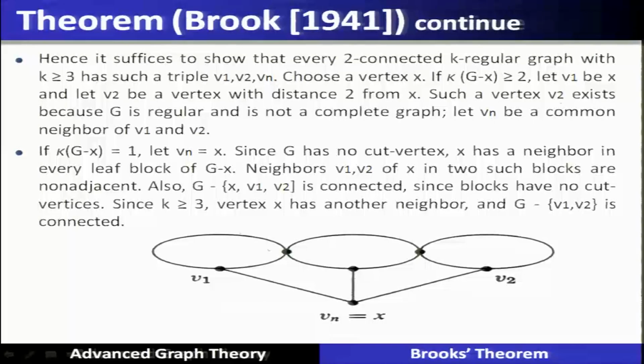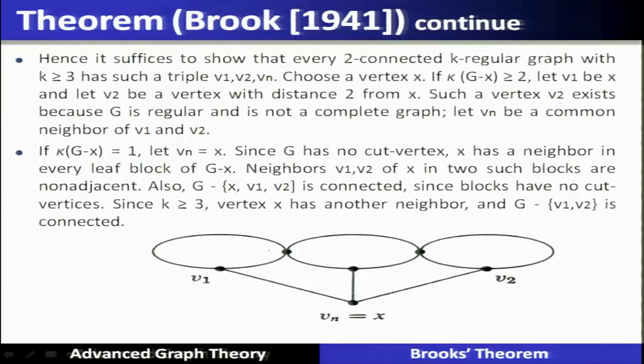Hence it suffices to show that every 2-connected k-regular graph with k greater than or equal to 3 has such a triple V1, V2 and Vn. Choose a vertex x if kappa of G minus x is greater than or equal to 2. Let V1 be x and V2 be a vertex at distance 2 from x. Such a vertex V2 exists because G is regular and is not a complete graph. Let Vn be a common neighbor of V1 and V2.